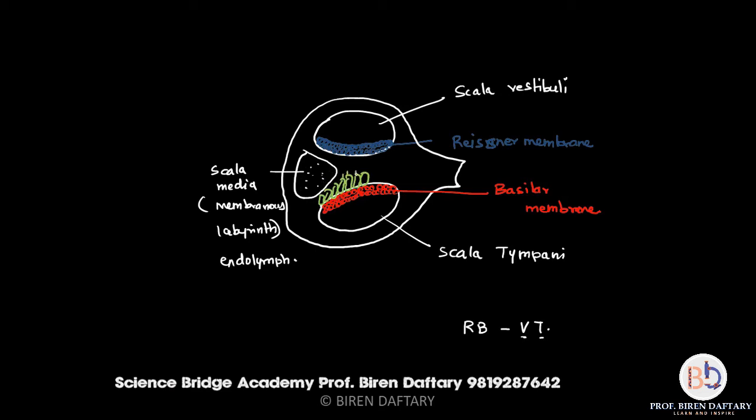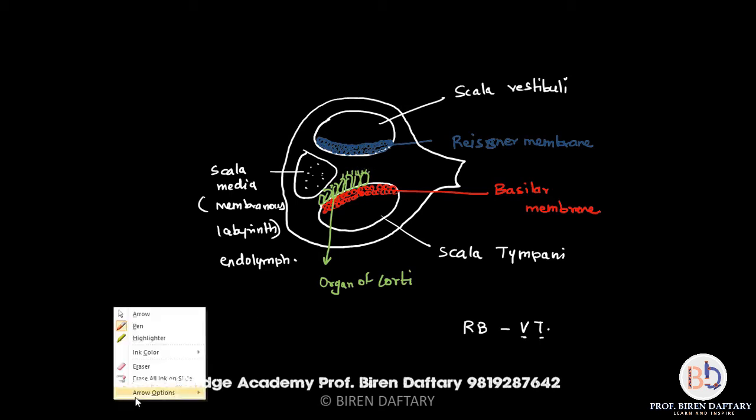Cilia are hair like processes which are present, okay, and this structure which I have drawn, the green colored structure, is called the organ of Corti. Okay, so the organ of Corti is present above the basilar membrane and below the Reissner's membrane. Okay, and on the top portion of the organ of Corti, on these columnar cells, are present cilia which help in the movement of the sound waves.